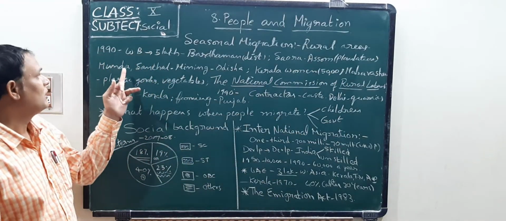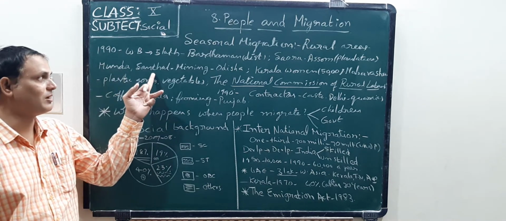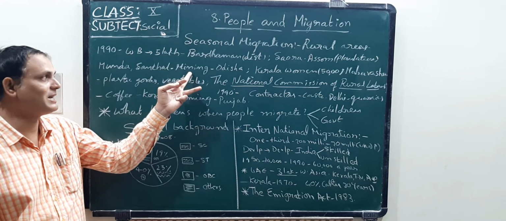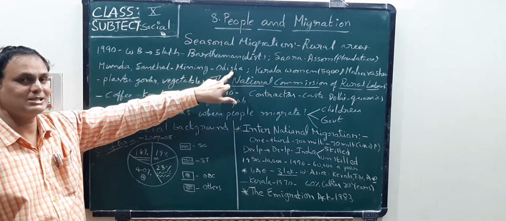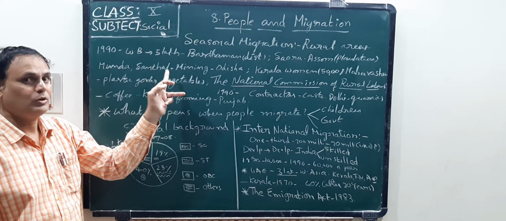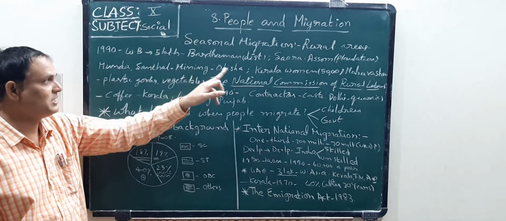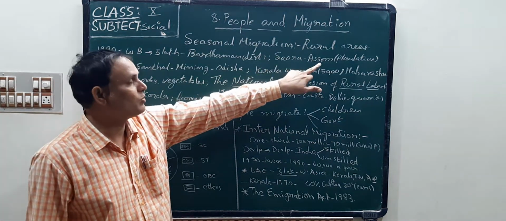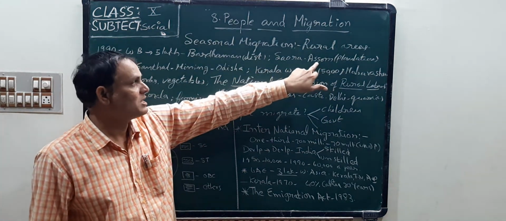Next one, children, Munda and Santal. These people are also migrating to work in mining areas in Odisha. Okay, children? Munda and Santal go to work in mining areas in Odisha. Saora people go to do work in plantations in Assam.